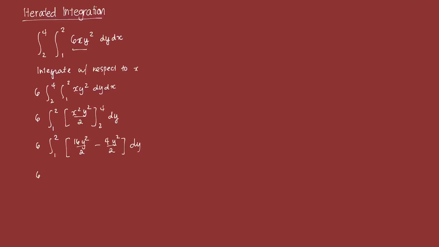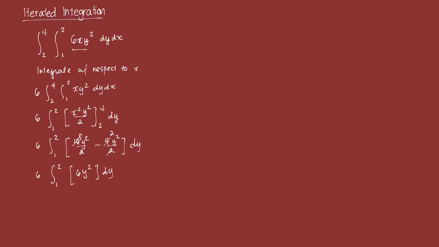Simplifying, I get 6 integral 1 to 2 of 8y squared minus 2y squared, that's just 6y squared dy. And notice we're left with a function all expressed in y, and we only have one variable to integrate with, and that's y.